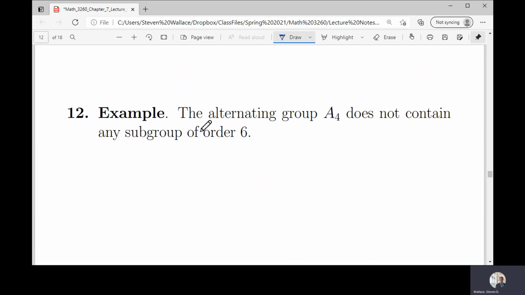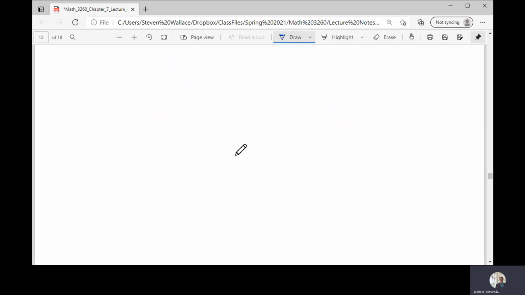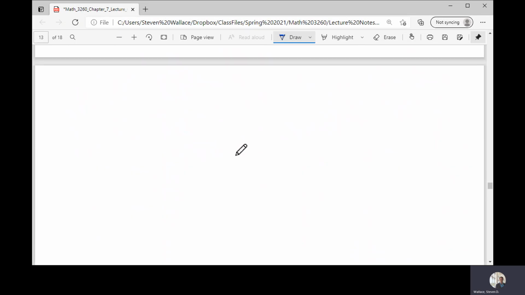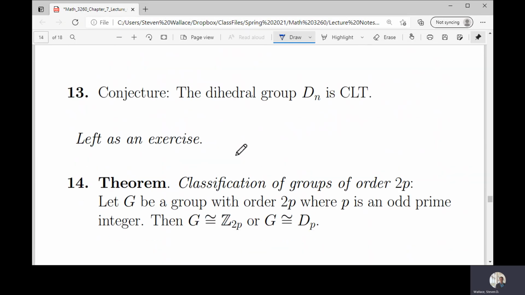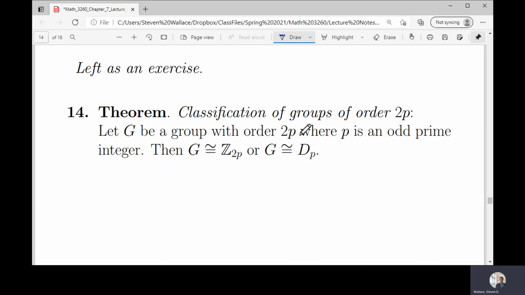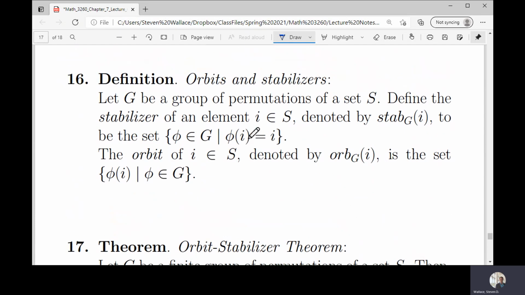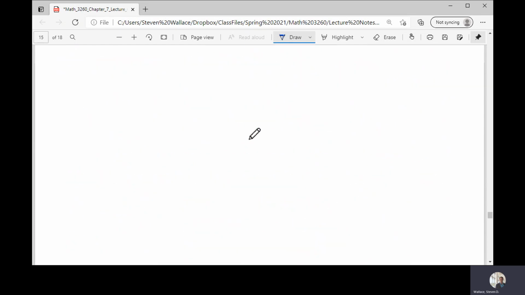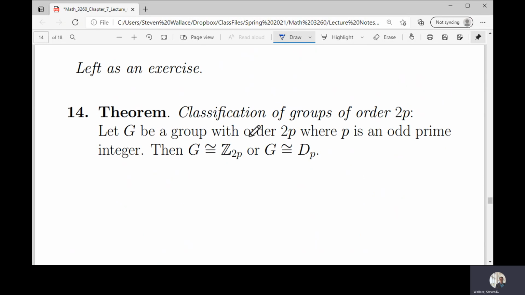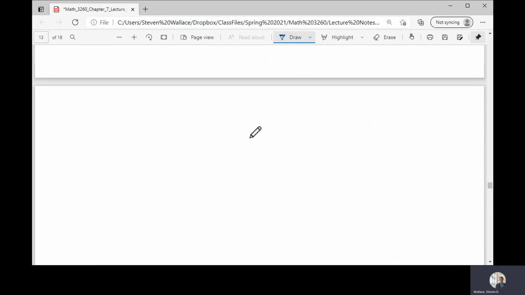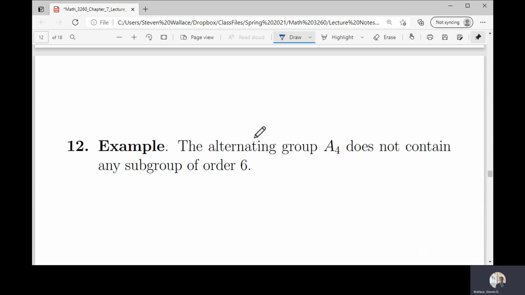Next time I'm going to show you why the alternating group does not contain any subgroup of order 6, and also finish off the section by talking about what are called orbits and stabilizers and the orbit stabilizer theorem. It's a big section of the textbook, so I'm breaking this up into 3 videos.